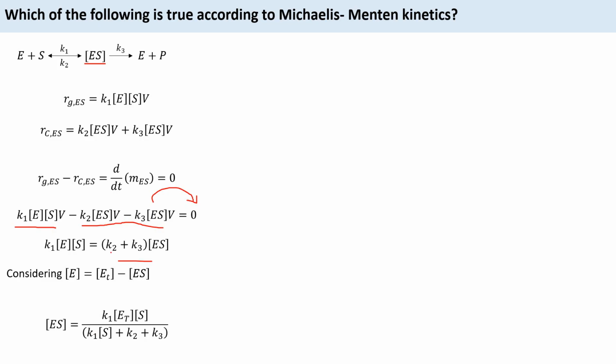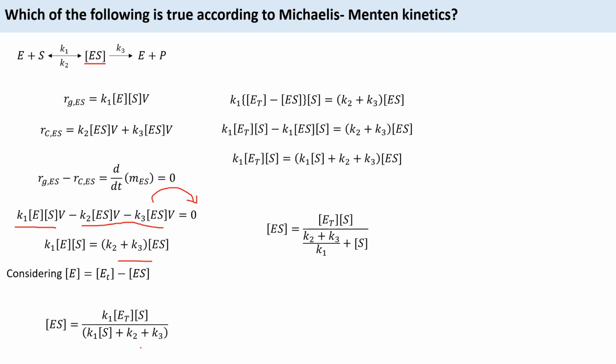By substituting this in the previous equation, we get ES is equal to K1 Et S divided by K1 S plus K2 plus K3. By rearranging, we come back to this equation: ES is equal to Et S divided by (K2 plus K3 divided by K1) plus S. So this K2 plus K3 divided by K1 is what was transformed into Km.